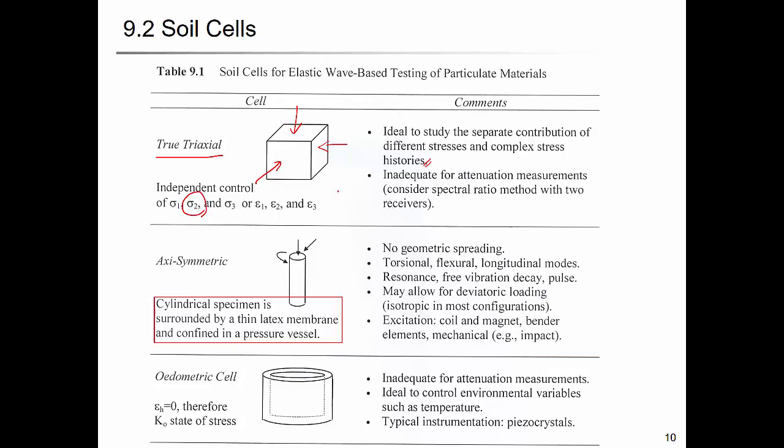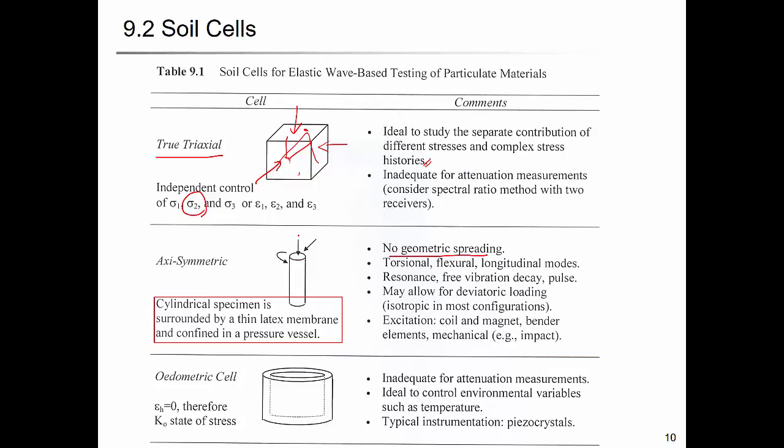But this is a difficult geometry to measure the attenuation characteristic because when you apply the source, it's going to spread, right? If you apply the excitation from top to bottom, you have a spreading. So then the attenuation measurement is affected by the geometrical spreading. In the cylindrical specimen, you don't have a geometric spreading.